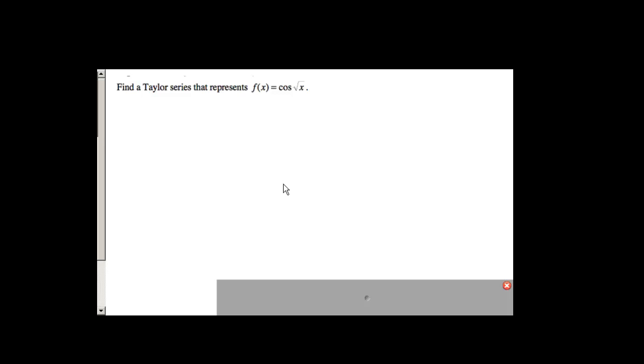Well, we know that cos of x we can rewrite as the sum from n equals 0 to infinity of -1 to the n times x to the 2n over 2n factorial.